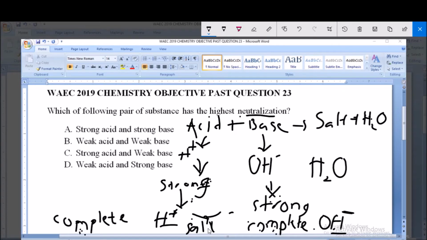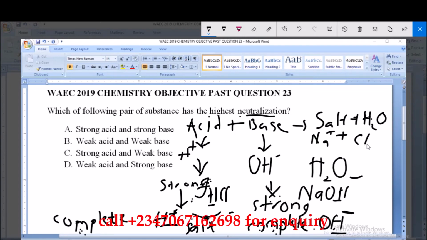So for example, if you have the strong acid as hydrochloric acid and the strong base as sodium hydroxide, when the hydrogen ion is liberated and the hydroxyl ion liberated and water is formed, the sodium ion, which is the remaining part of the base, reacts with the chloride ion to give sodium chloride, which is a salt.